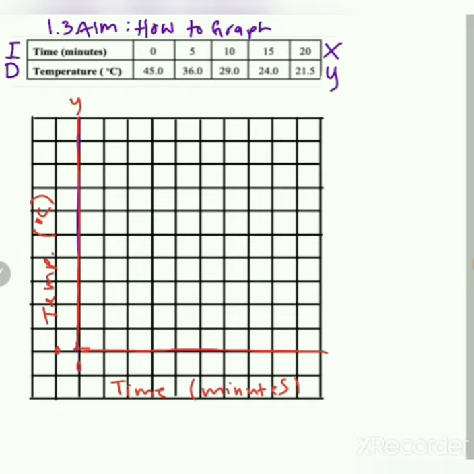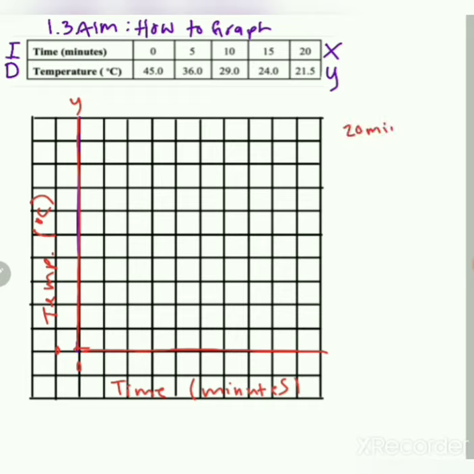So if I want to figure out what I should label my axes in terms of our intervals, I need to look first at the numbers that we have. So we have 20 minutes as our max and 0 as our minimum for minutes. And it goes up to 10 spaces. So I have 1, 2, 3, 4, 5, 6, 7, 8, 9, 10 spaces on our x-axis. So I'm going to take our 20 minutes.